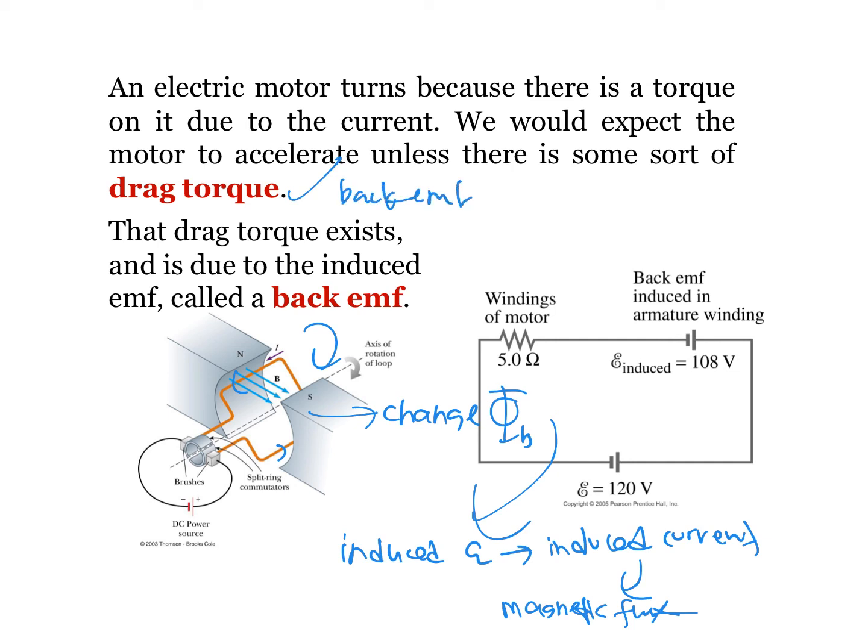This back EMF and drag torque cause a resistance in the motion of the armature. The change of magnetic flux produces induced current, and this induced current produces a magnetic flux that opposes the original change. So this induced magnetic flux produces a drag torque or back EMF. The movement of the armature is not going to be that smooth; it's going to have some resistance.